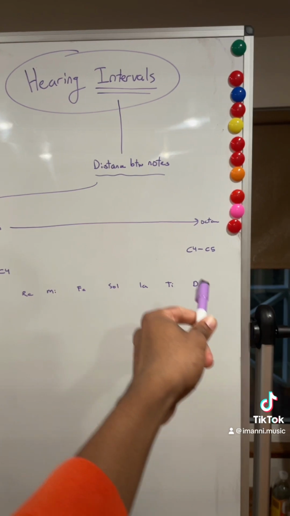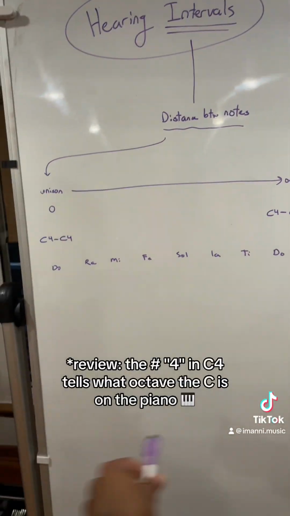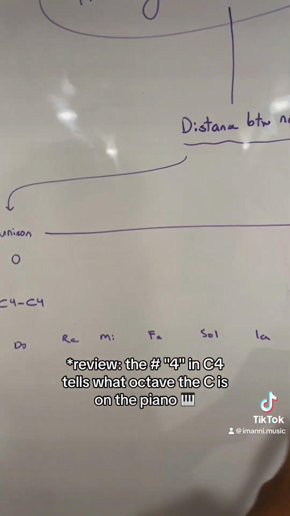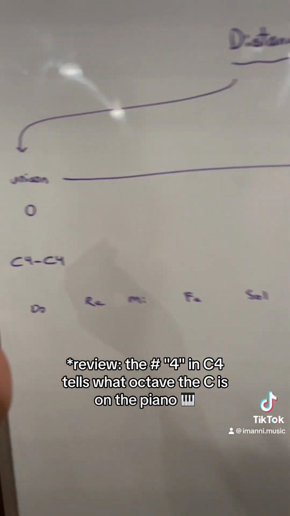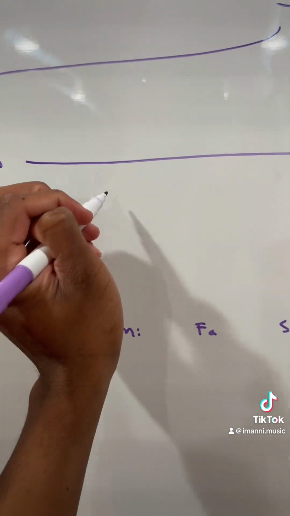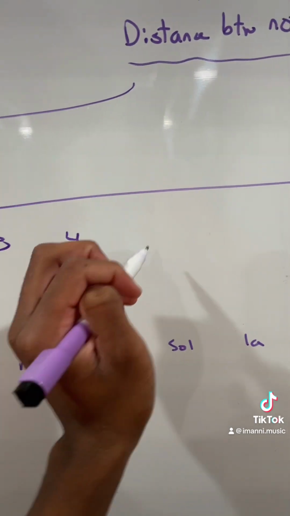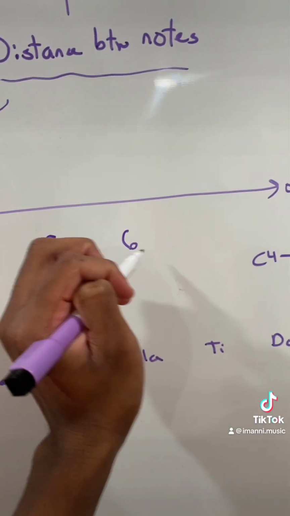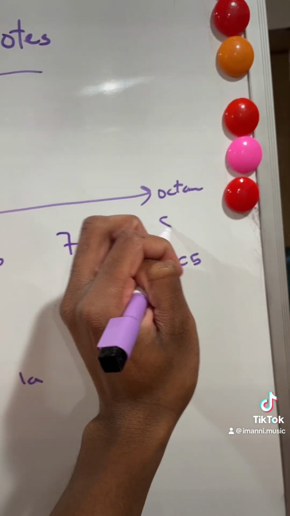And then we have intervals after this distance, but they all duplicate a similar number series, which is 0, and then we have a second, a third, a fourth, a fifth, sixth, seventh, and eighth.